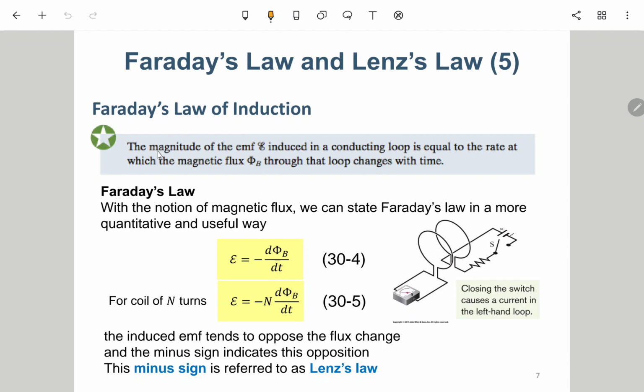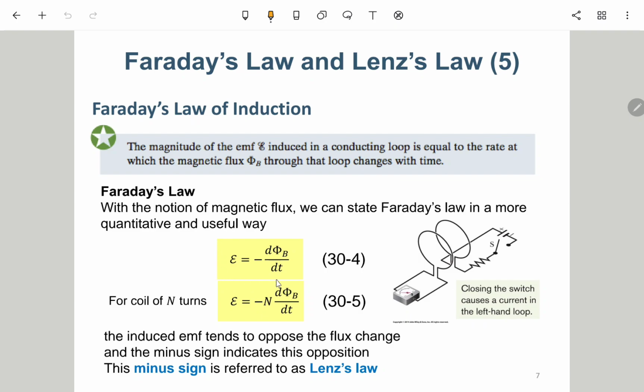Here it says the magnitude of the EMF induced in a conducting loop is equal to the rate at which the magnetic flux Φ_B through the loop changes with time. So here is Faraday's law.